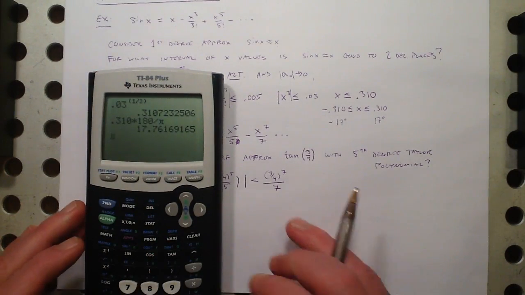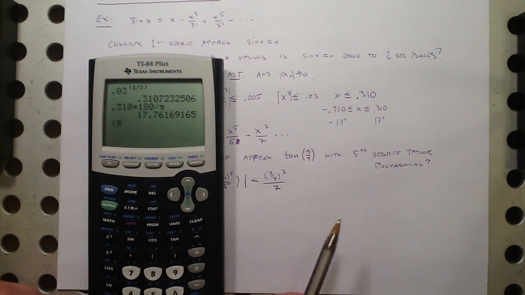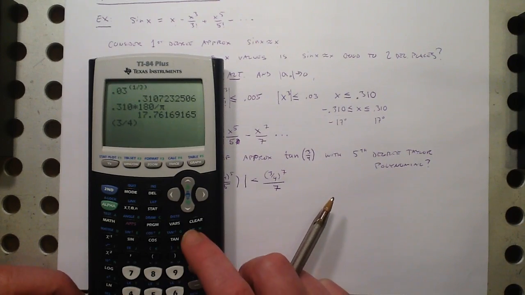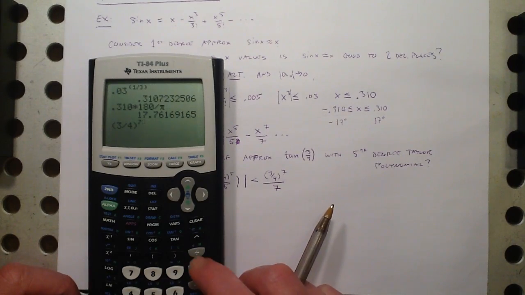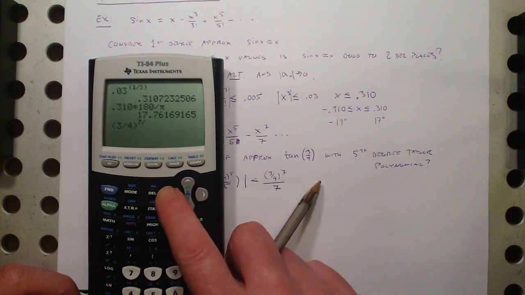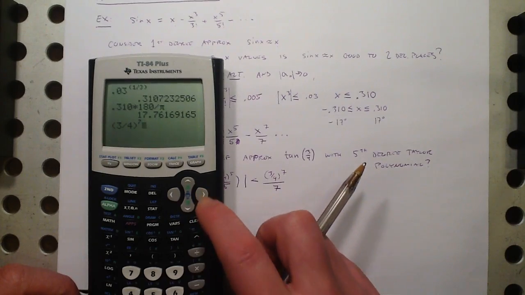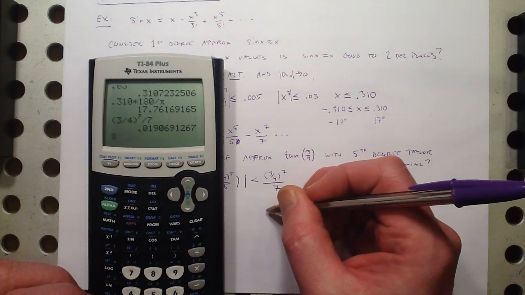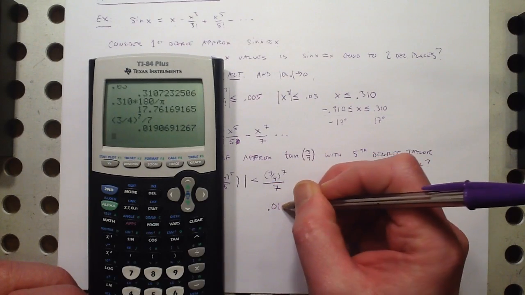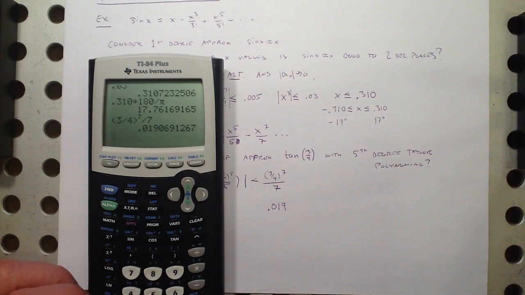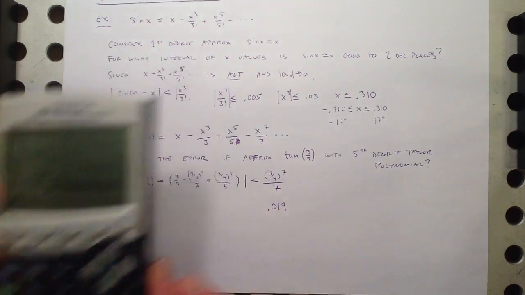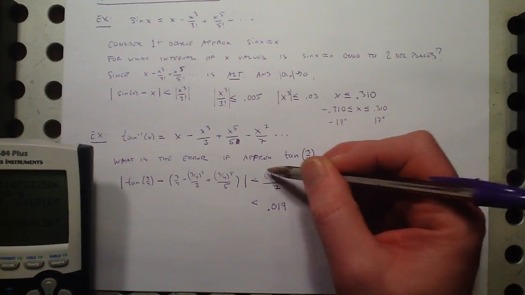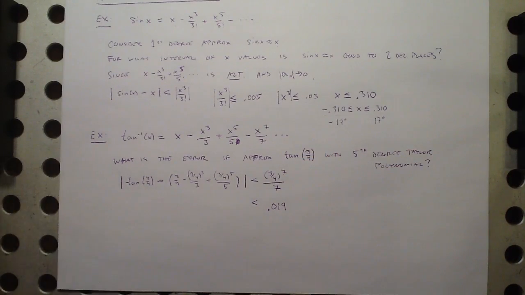I'm not going to do that by hand. I'll go ahead and use a calculator. This would likely be some kind of calculator problem. So 3/4 to the 7th divided by 7, we're on to 3 decimal places. I didn't put absolute value signs around that because clearly that's positive.